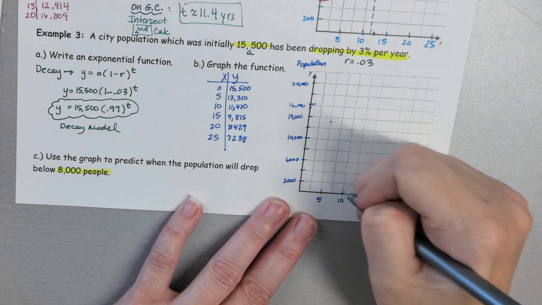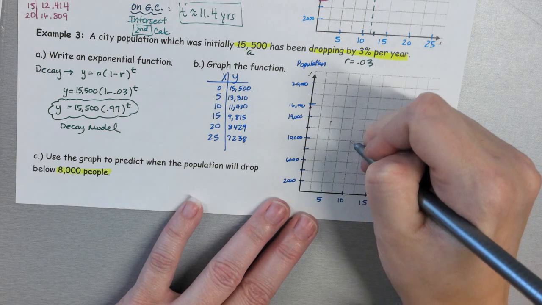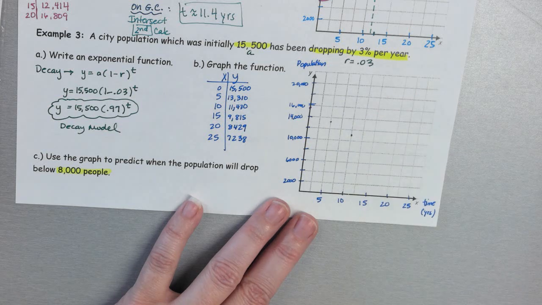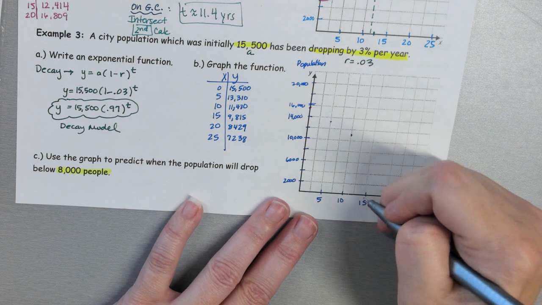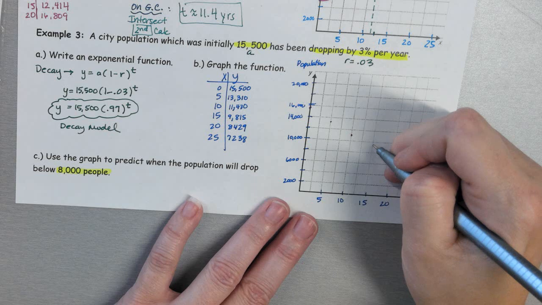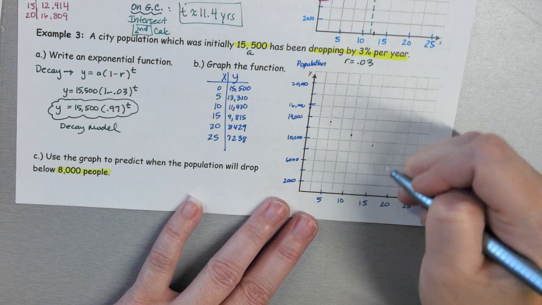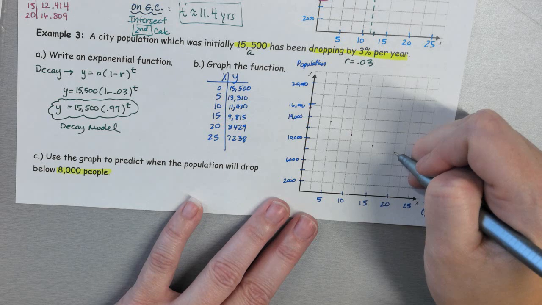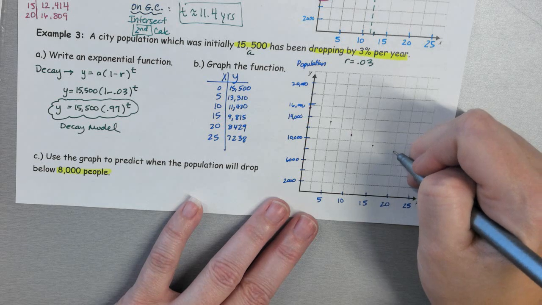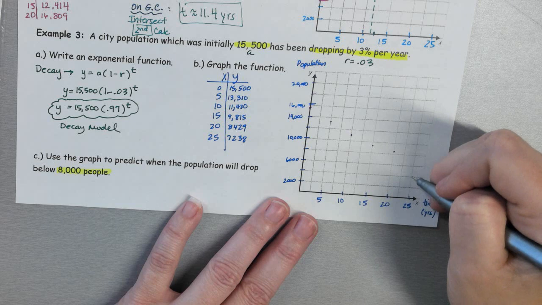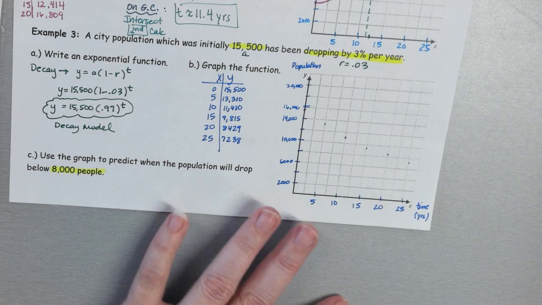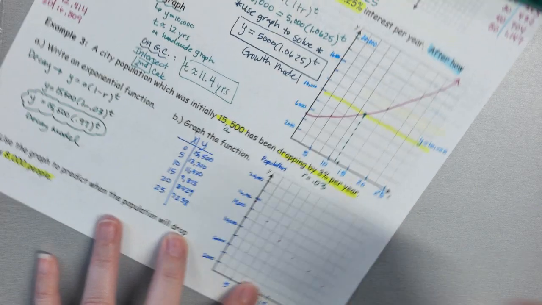And then at 10, I'm at about 11,000. At 15, I'm under 10,000. At 20, I'm about 8,000. At 25, I'm at 7,200. Okay, and then remember, you're just connecting this with a gentle curve.